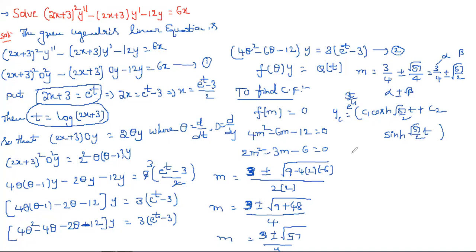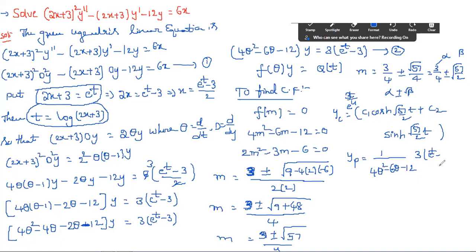And now we need to find yp. So yp is equal to 1 by f of theta into 4 theta square minus 6 theta minus 12, into 3 e power t minus 3. So we can write this as 1 by 4 theta square minus 6 theta minus 12 into 3 e power t, and next minus 3 into 3 is nothing but 9, so 9 by 4 theta square minus 6 theta minus 12 into e power 0.